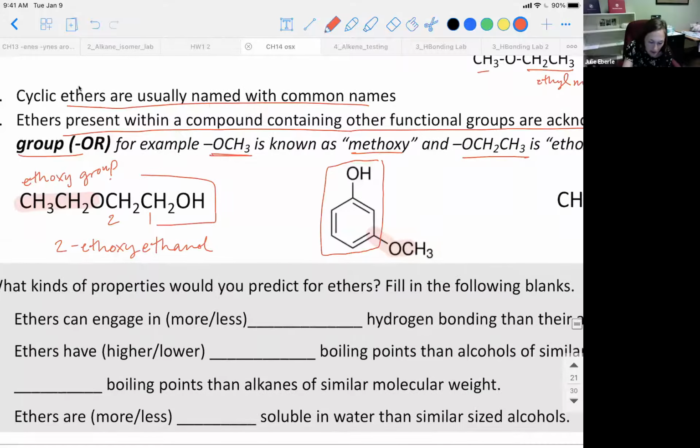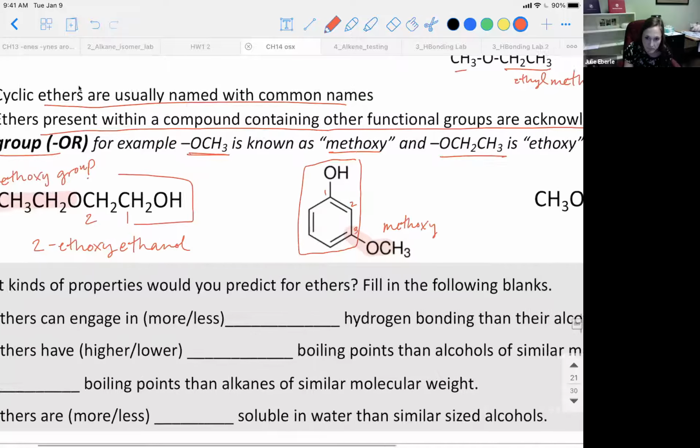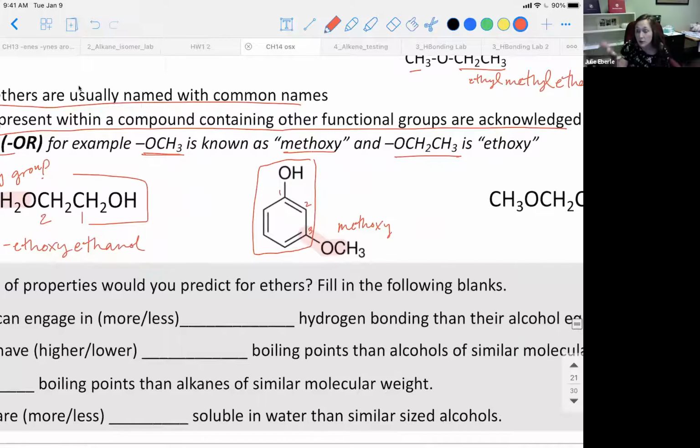We acknowledge it as a methoxy substituent. This is going to be carbon 1. We always name the OH, the alcohol, as carbon 1, then carbon 2, and then this is carbon 3. You can use the ortho, meta, para here. This is going to be meta spacing or patterning. So you could say 3-methoxyphenol.